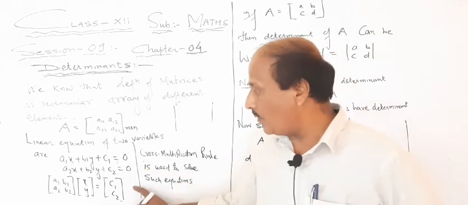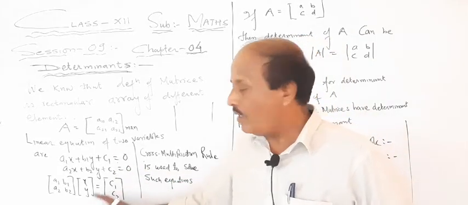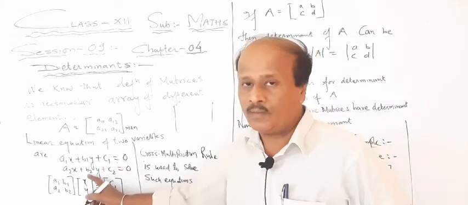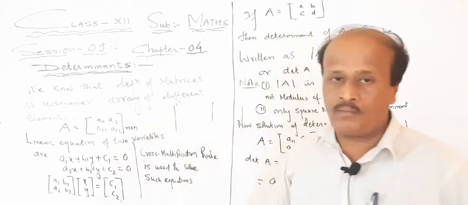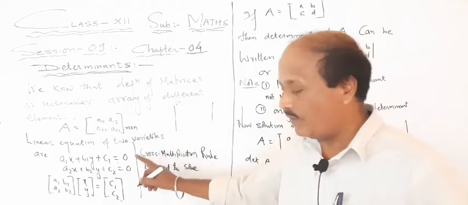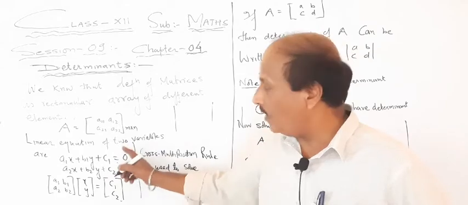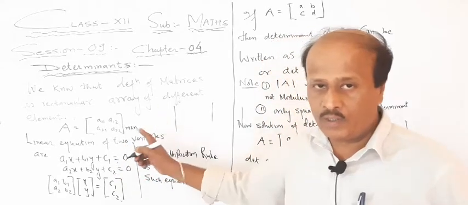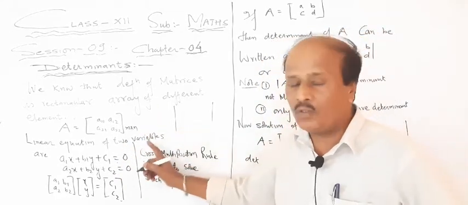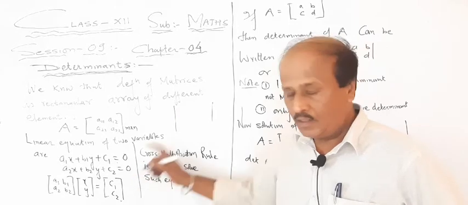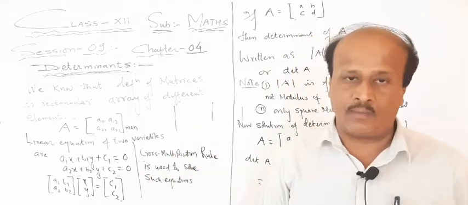So in this chapter, you will be told how to solve this type of equation with the help of the determinant method. Same thing you are going to do with a determinant afterwards, in the concluding part of the chapter.